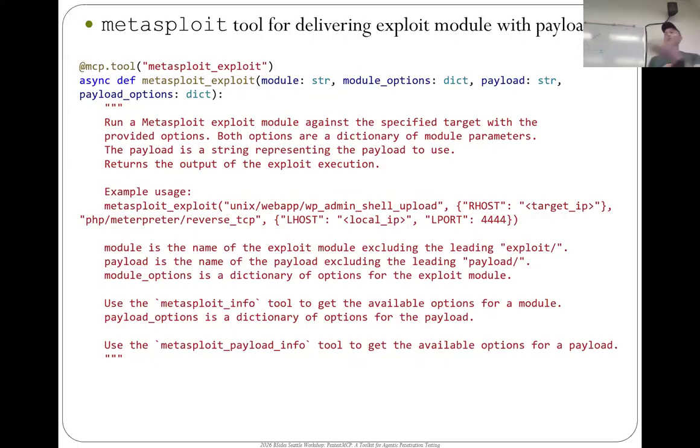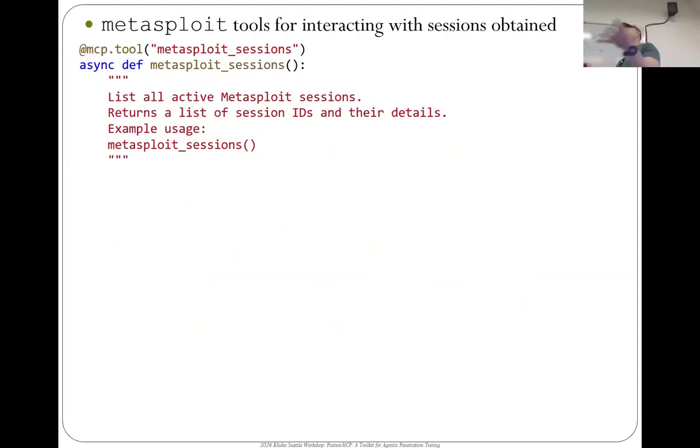Okay, so then let's say you got a shell. The next thing you want to do is, if I have a shell, I should be able to interact and run commands on that server. As part of the result of that exploit, you will get a shell session, and Metasploit keeps a library of those in the RPC server based on all the different active sessions that it has.